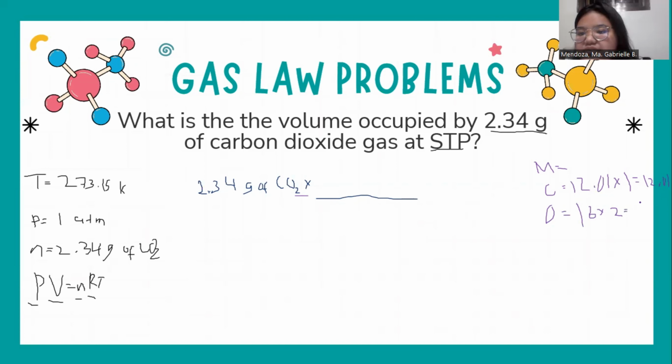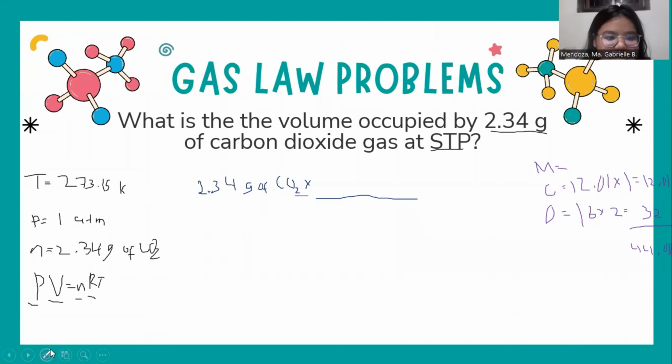So 16 times 2 is 32. Then adding, 12.01 plus 32 gives 44.01.